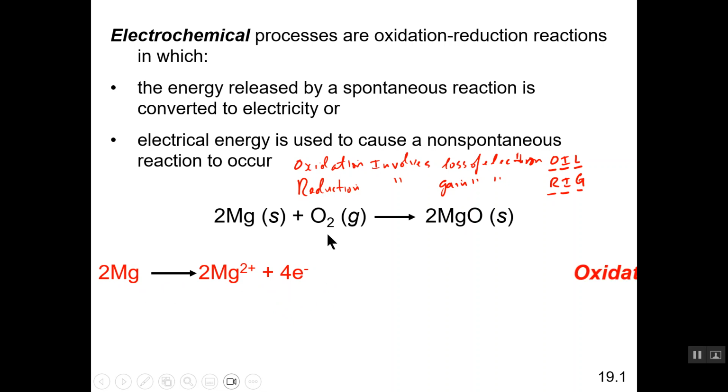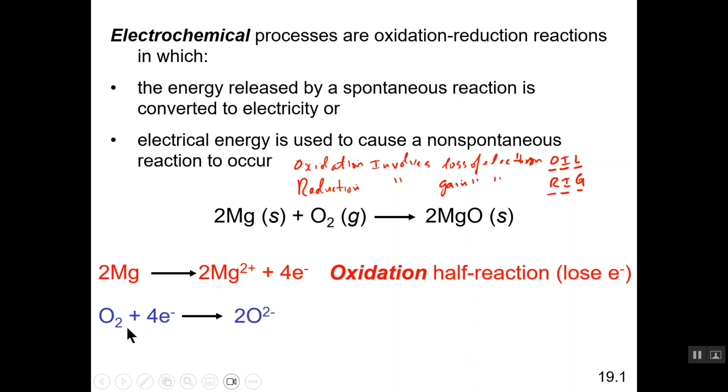The oxygen on this side is converted to the oxide ion on this side, as a result of the oxygen gaining electrons to form the oxide ion. Now, in order for this equation to be balanced, these would have to be the half equations that are associated, which when you add them together, you're going to end up with the net equation right here.